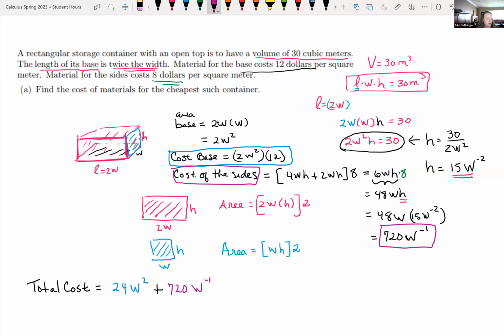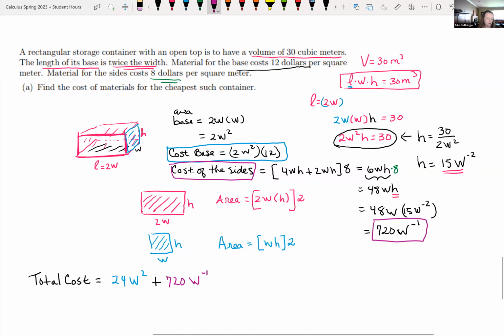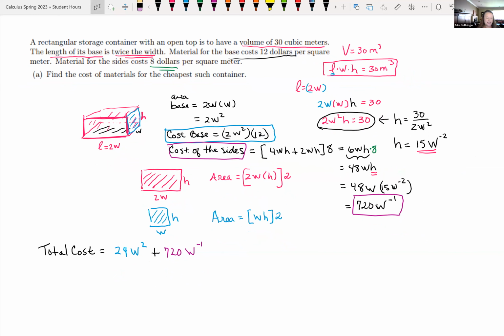Okay, so we're trying to find the cost of materials for the cheapest such container. And so we want to differentiate both sides and find our critical numbers. And we're hoping that the critical number that we find is where the minimum occurs. And we want to show that.